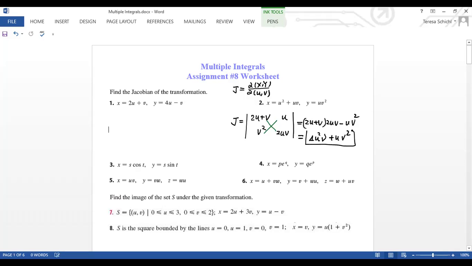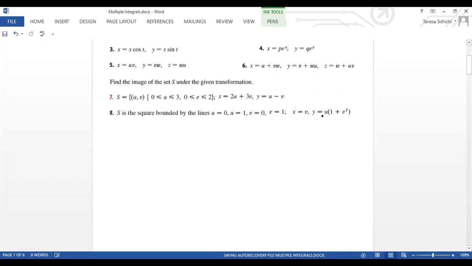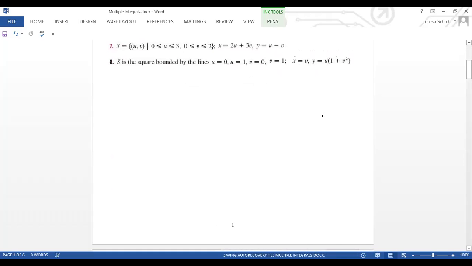So this is my Jacobian. All the remaining six of these are very similar and very mechanical. You just take the partial derivatives of x and y with respect to however many variables you have in the transformation. Now let's take a look at problem number 8.